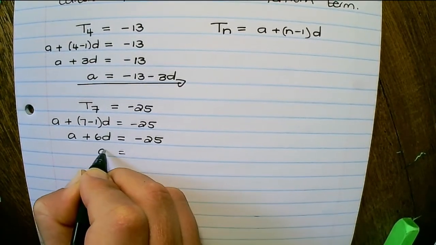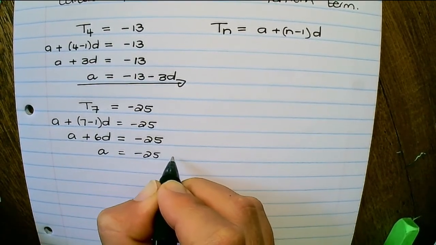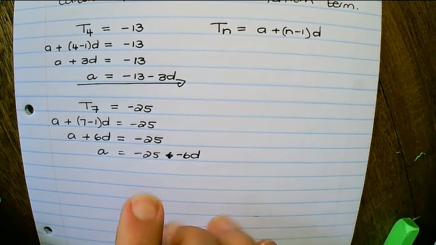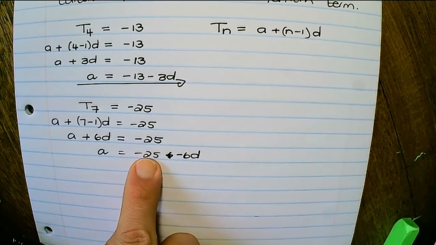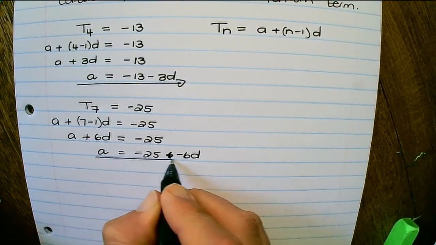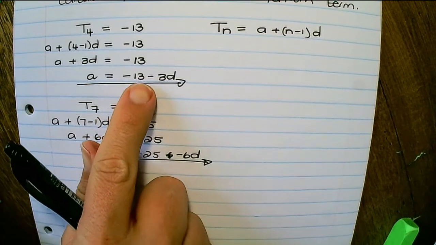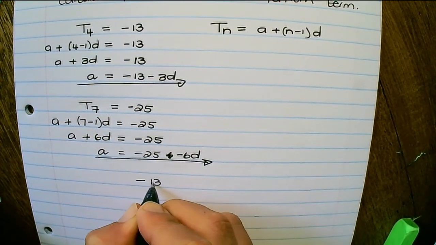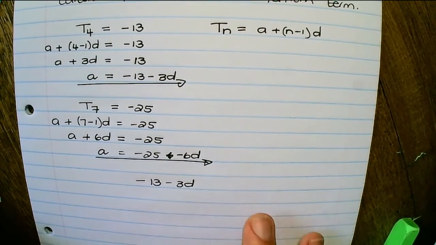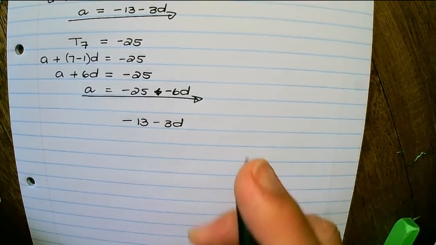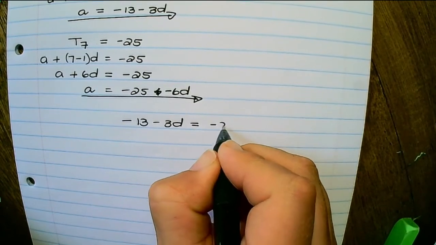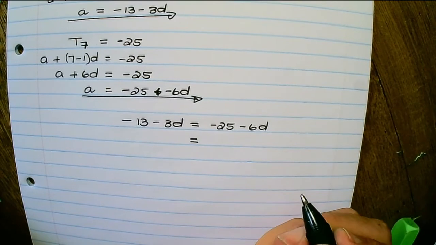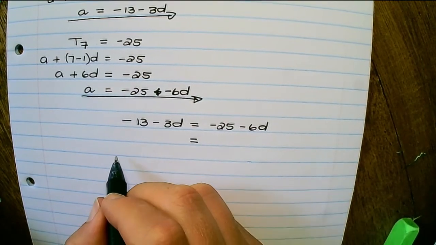And again, I can isolate a, which is negative 25 minus 6d. Now I have two equations for a, and therefore I can set them equal to each other. So negative 13 minus 3d is equal to negative 25 minus 6d. That will allow me to solve for d.